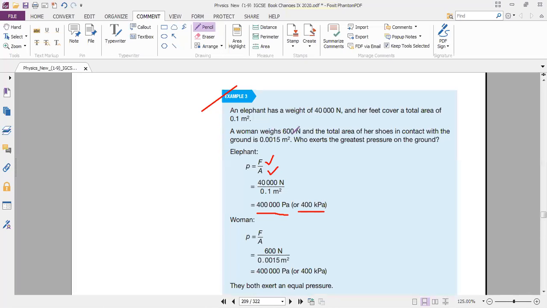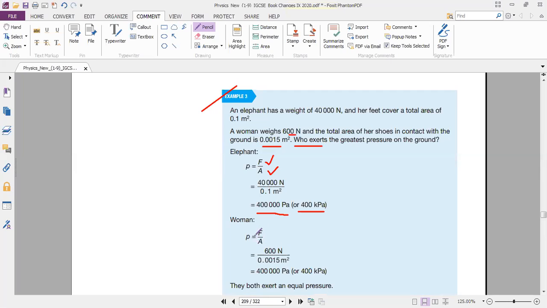A woman weighs 600 Newton and the total area of her shoes in contact with the ground is 0.0015 meters square. Very small. Who exerts greatest pressure on the ground? Who means the elephant or the woman? We have to compare. First we found the pressure of the elephant. Now we need to find the pressure of the woman.